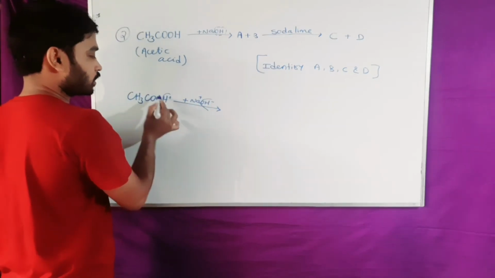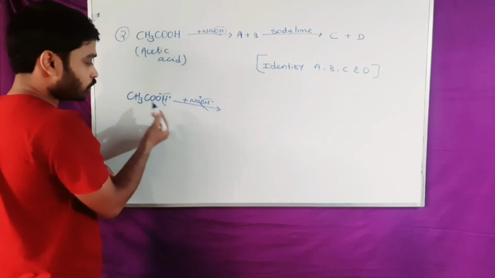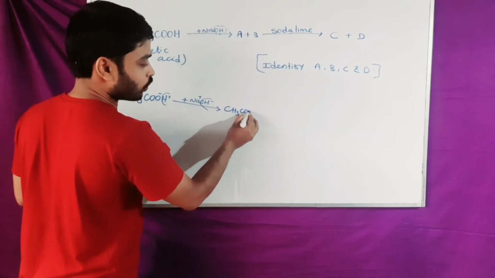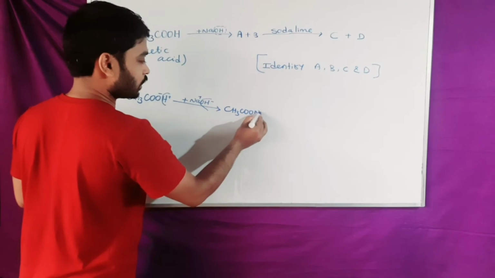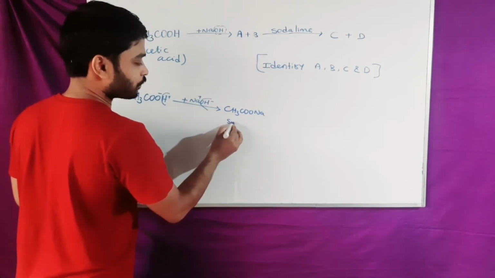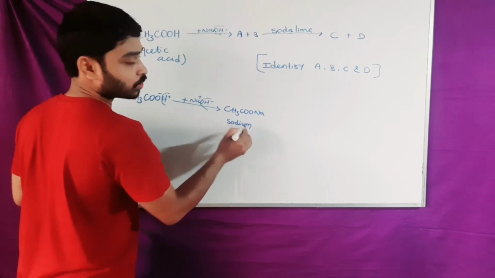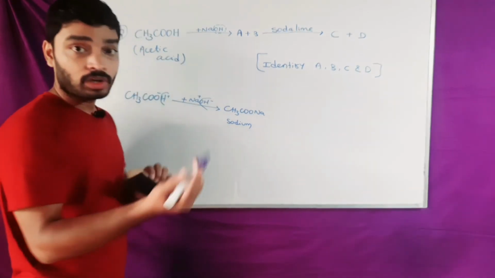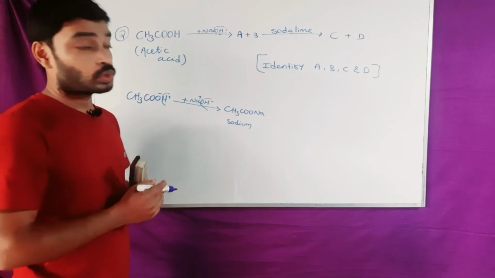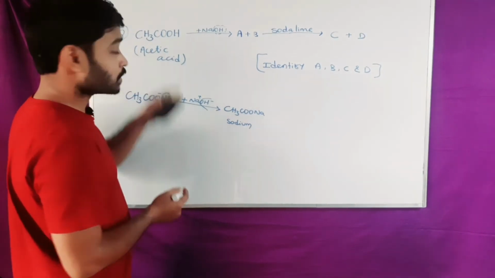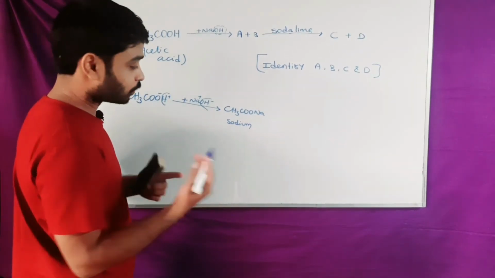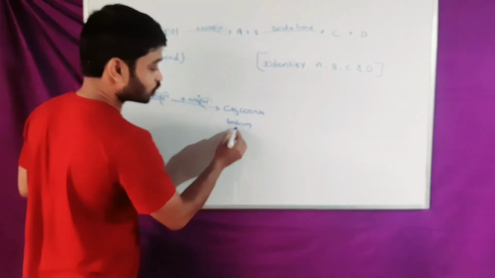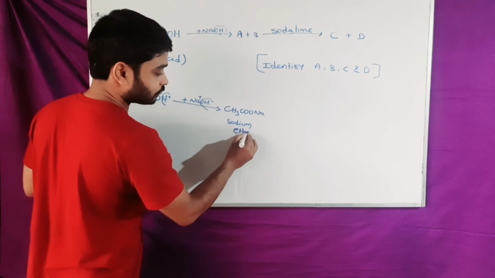The sodium will go to the acetate part, that is CH3COO minus will receive the Na. It is sodium acetate, or sodium salt of acetic acid, or you can say the IUPAC name sodium ethanoate, because ethanoic acid becomes ethanoate. I have told you how ethanoic acid is connected to ATE. So sodium ethanoate.